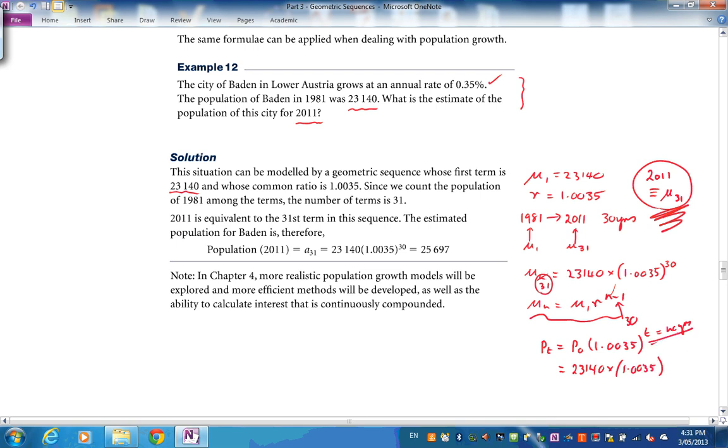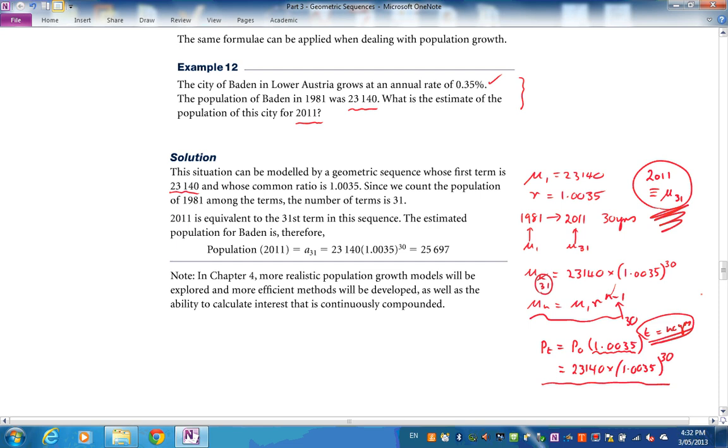How many years of growth have been applied? Only 30. So you get the same power. But in the exponential function approach, you're thinking about how many times you apply this ratio, the number of multiplications by 1.0035. Interesting, different ways of looking at the same actual mathematics.